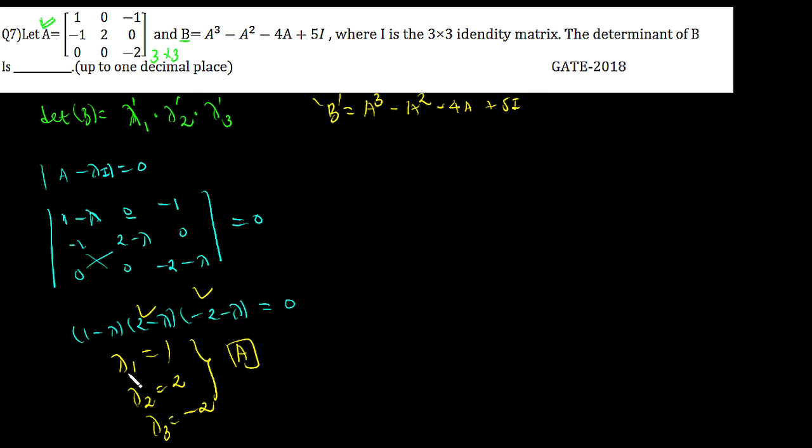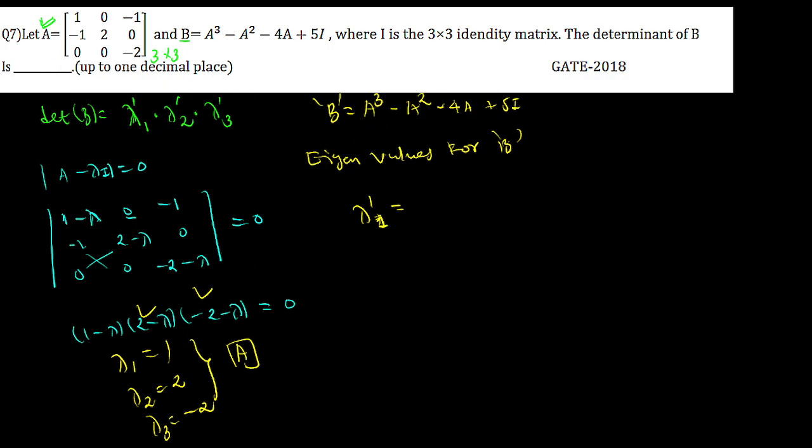So now let's use the first eigenvalue, lambda 1, to find the eigenvalues for matrix B. Let's call it lambda 1 dash. Replace A with 1 here.